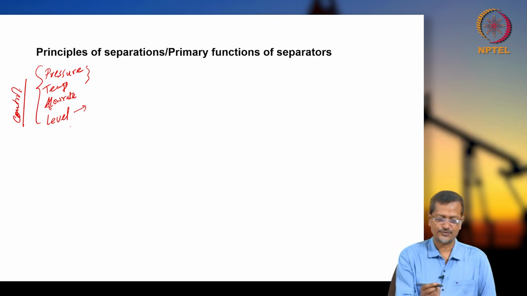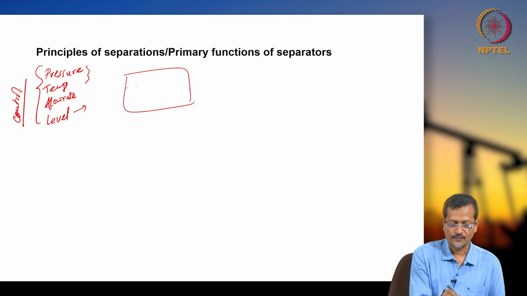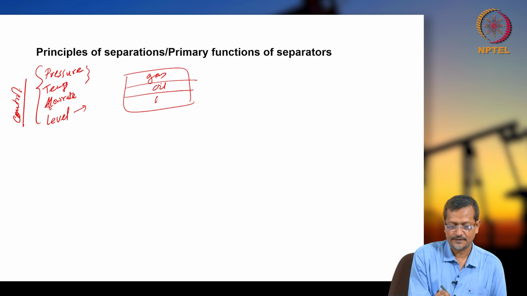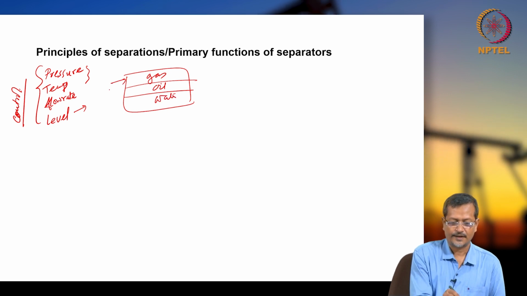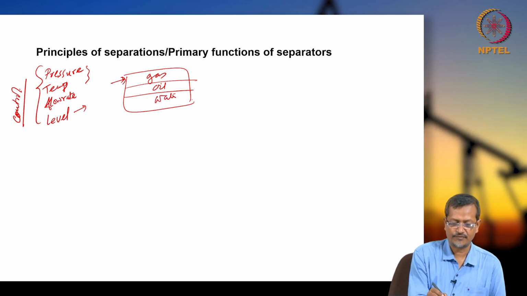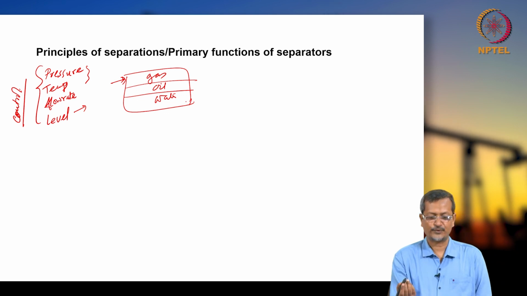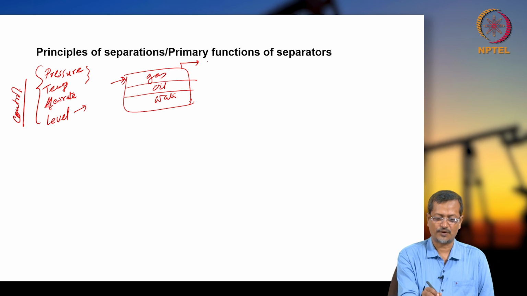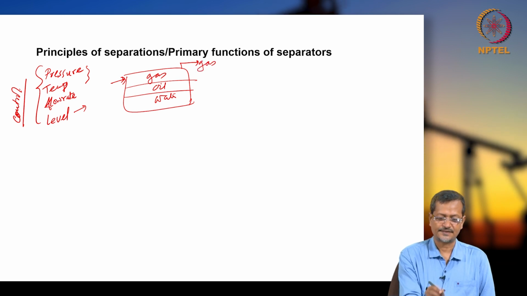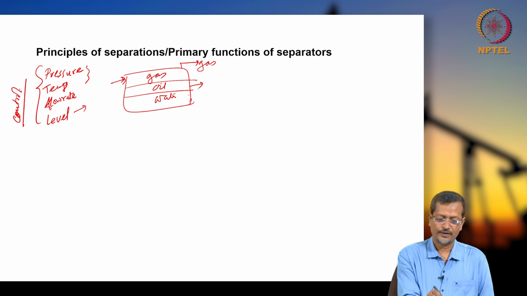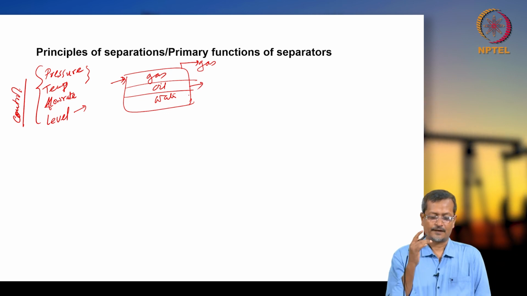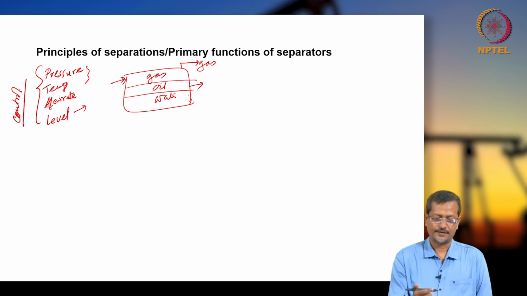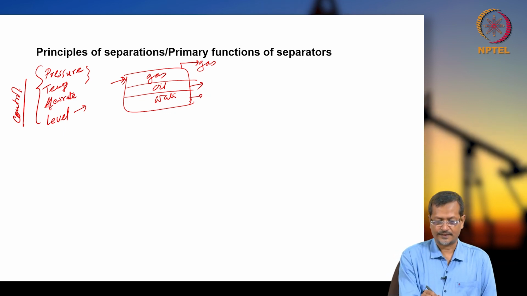So, now we have 3 layers in the separator: gas, oil, water, okay, and your fluid is entering here and fluid getting out. Getting out means how to take the fluid out. Gas, because of lighter density, you take from the top, okay. So, this is the gas line, and there will be an oil line. Oil line means you are getting crude oil, but less gas and less water. Okay, and the water line will be another.